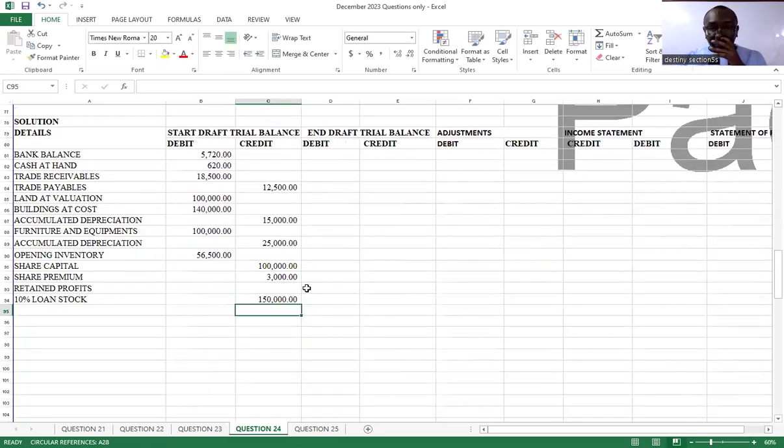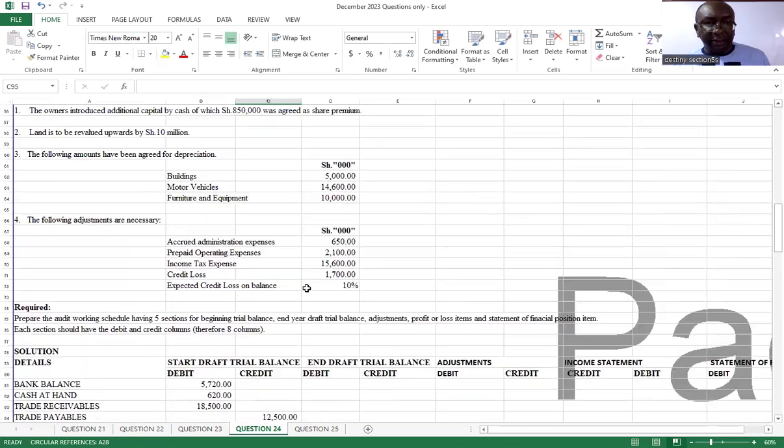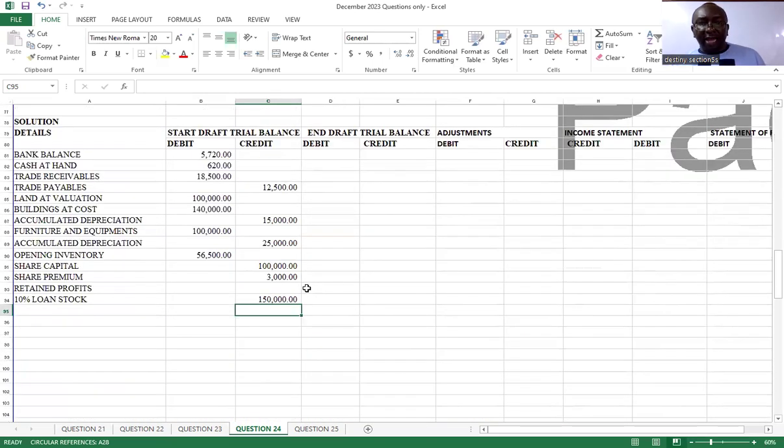Enter that way. So those are the items that we have been given for the opening balances. If they are the items we have been given for the opening balances, we need to check whether the trial balance is balancing.